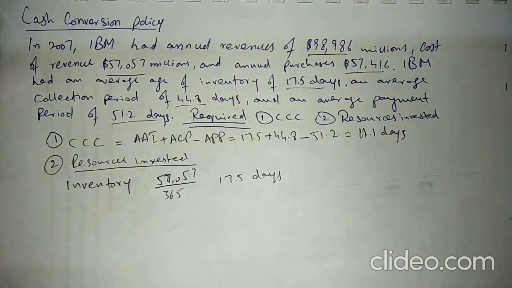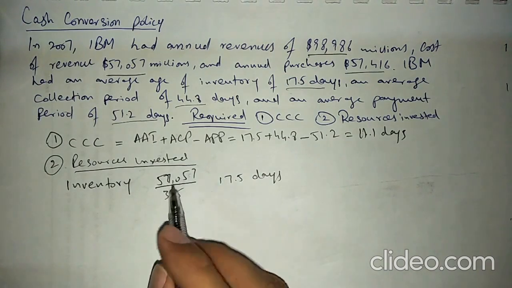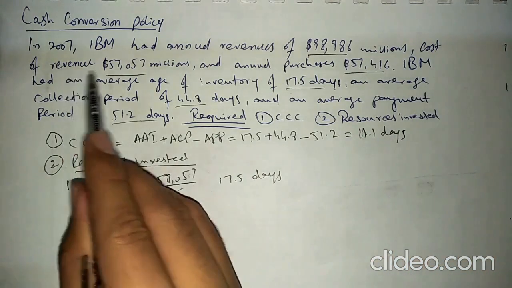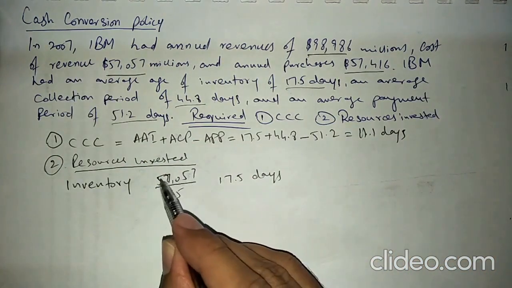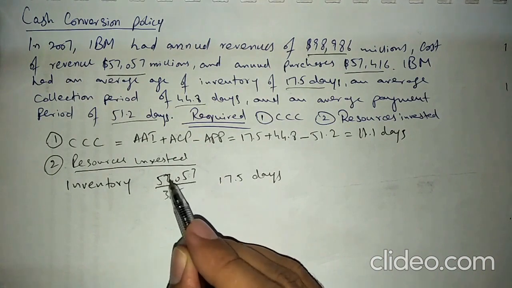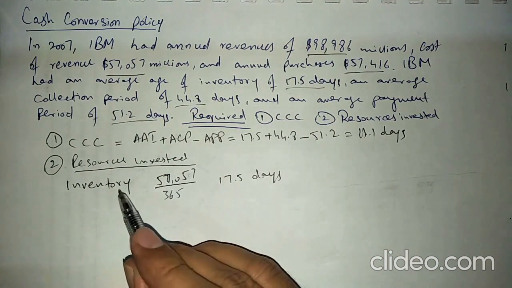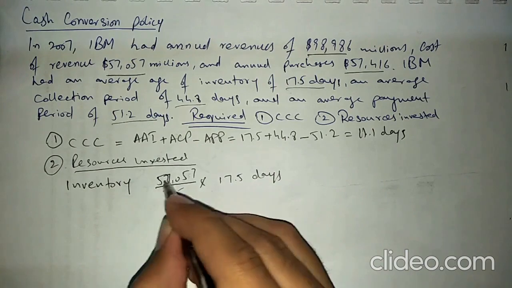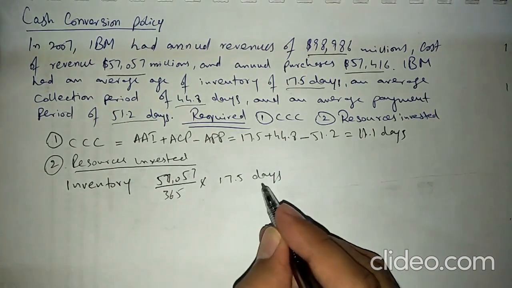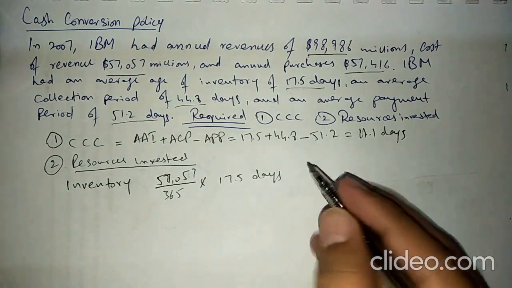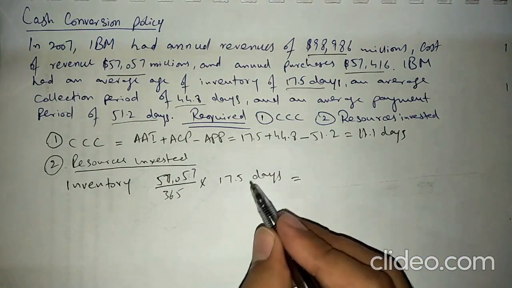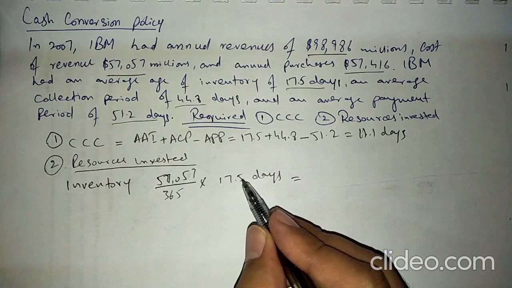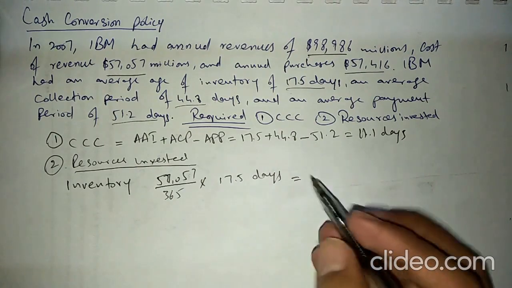If we divide the annual cost of inventory, or cost of revenue, by 365, the answer of this ratio will be the 1 day cost of inventory. And if we multiply this 1 day cost of inventory by 17.5 days, that's how we can calculate the cash requirement for inventories for 17.5 days.